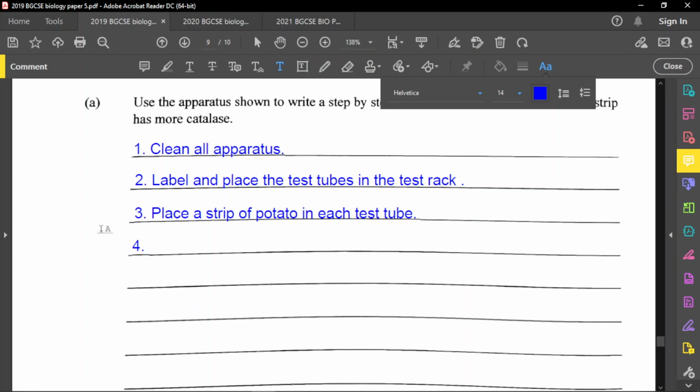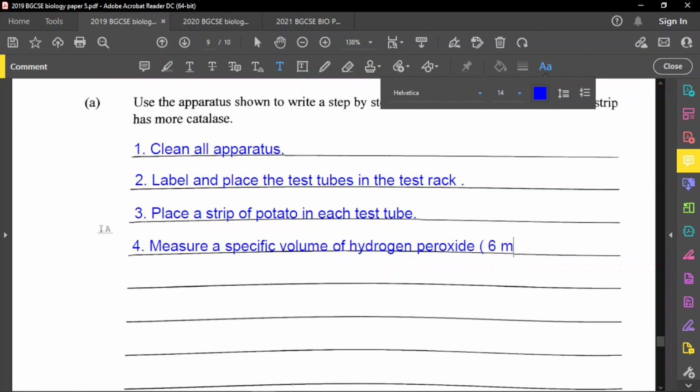So the fourth one now is to measure a specific volume of hydrogen peroxide. And you can decide how much you want. So let's say you can say 4 ml, 20 ml, whatever. You decide. Let's say 6 ml.